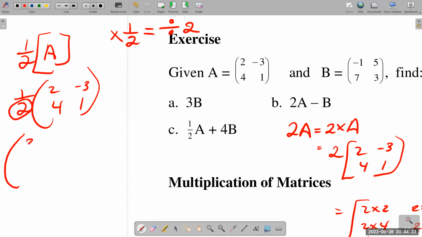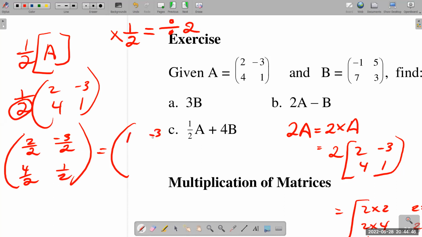So what we're going to end up with is 2 over 2, negative 3 over 2, 4 over 2, 1 over 2. And so we simplify it. We're going to end up with 1 because 2 over 2 is a whole. We leave this as a fraction because it can't be simplified further. 4 divided by 2 is 2.